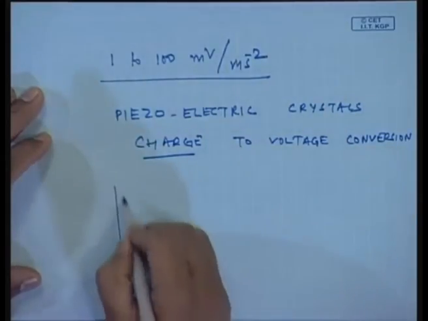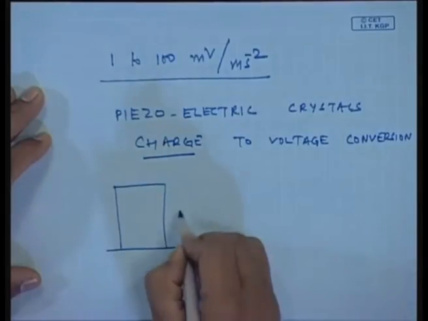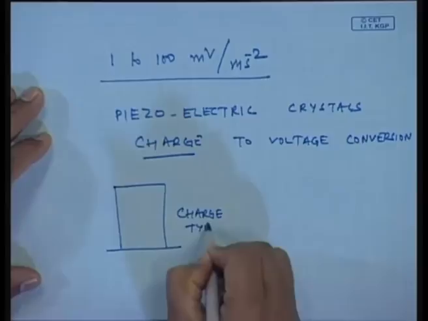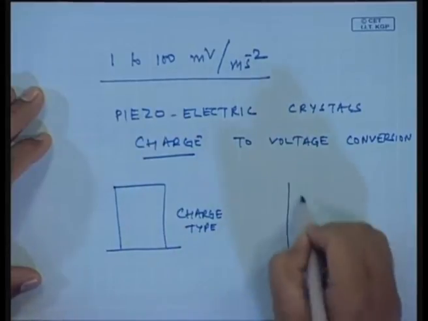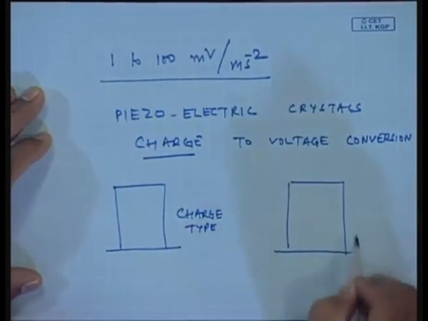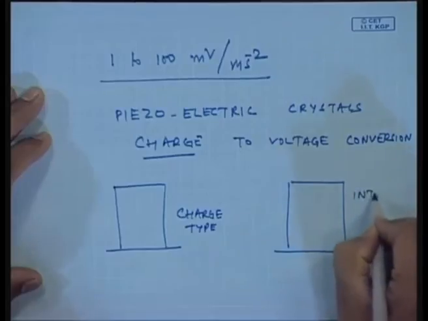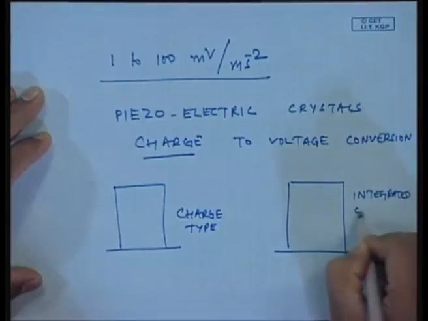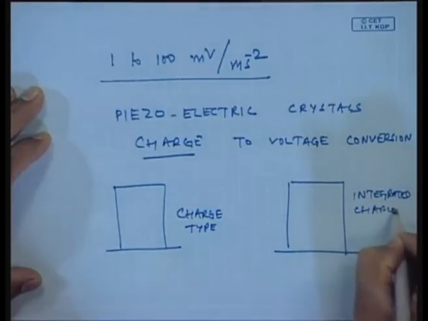So, some accelerometers which we just discussed, they are the charge type. Another is the integrated charge type.